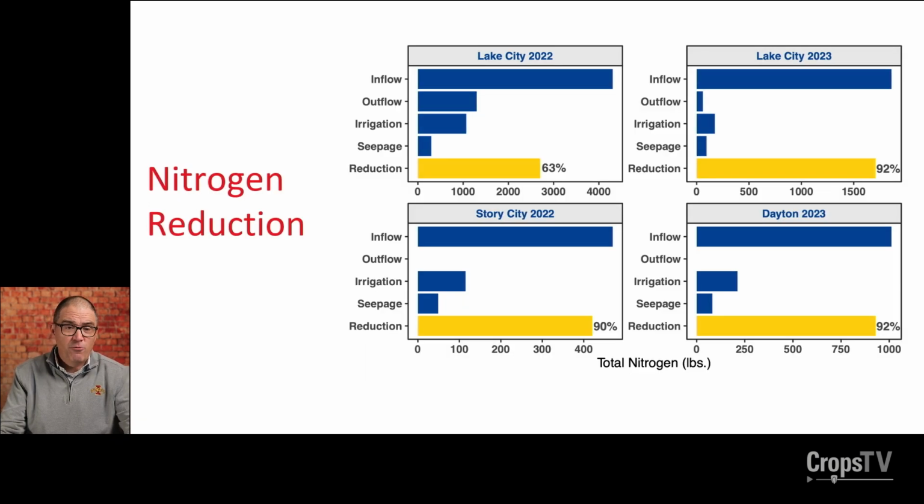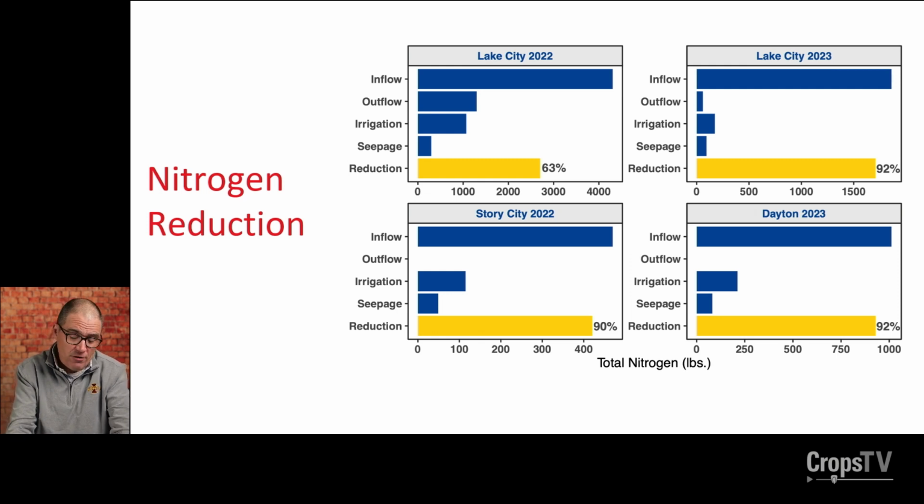So we've been fortunate to monitor the Lake City site for 2 years. The Story City site also for a couple years, although in 2023 they never pumped water into that reservoir, so there was really no inflow. But for the Lake City site, we had a little over 4,000 pounds of total nitrogen as inflow to the reservoir in 2022.